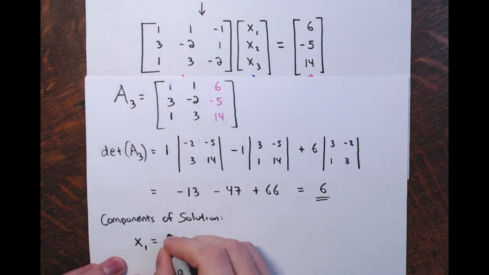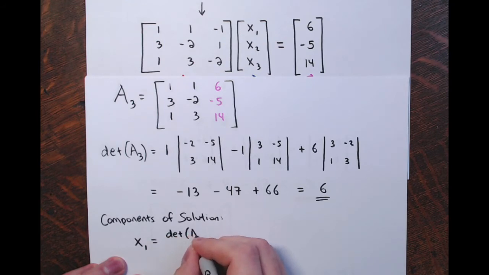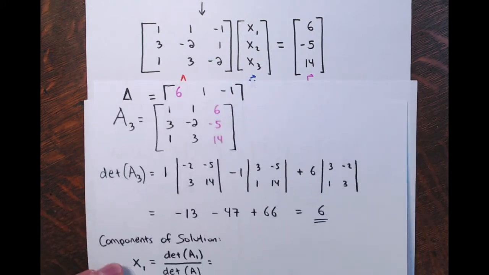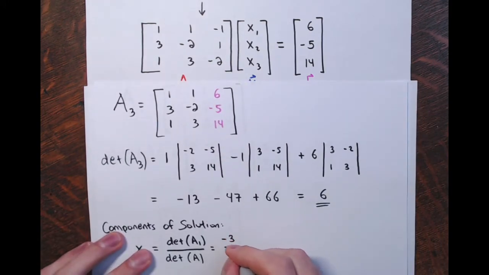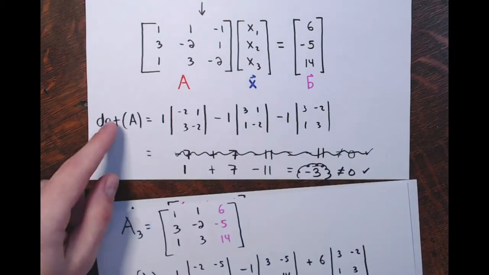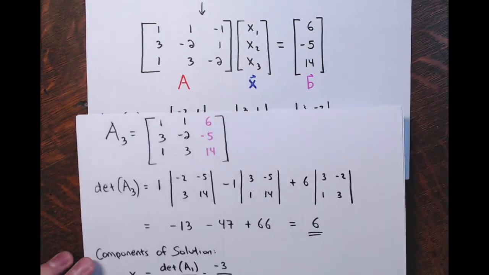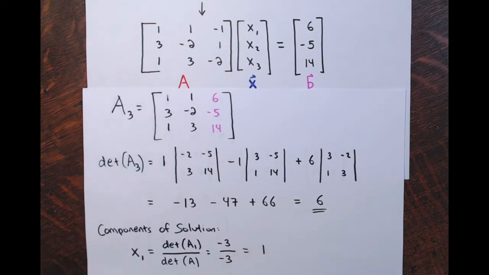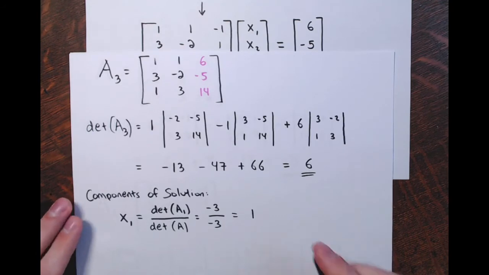Again, x1 is the determinant of A1 divided by the determinant of the coefficient matrix A. Now the determinant of A1 we saw was -3 divided by, and the determinant of the coefficient matrix was also -3, after I caught that mistake of mine. And this is nice. This is +1.